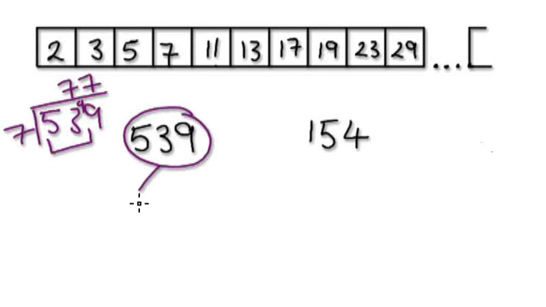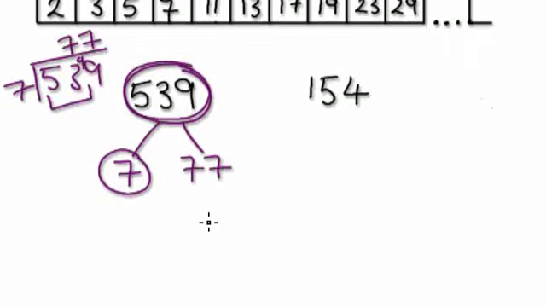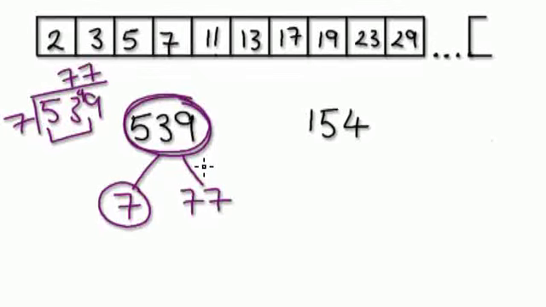Okay, so I can visualize this number as a 7, and then I've got 77 over here. Now 7 is a prime, so that's done. But the thing is, 77, I recognize this from the 7 times table. So here I can actually break it up as 7 times 11, because 7 times 11 is 77.